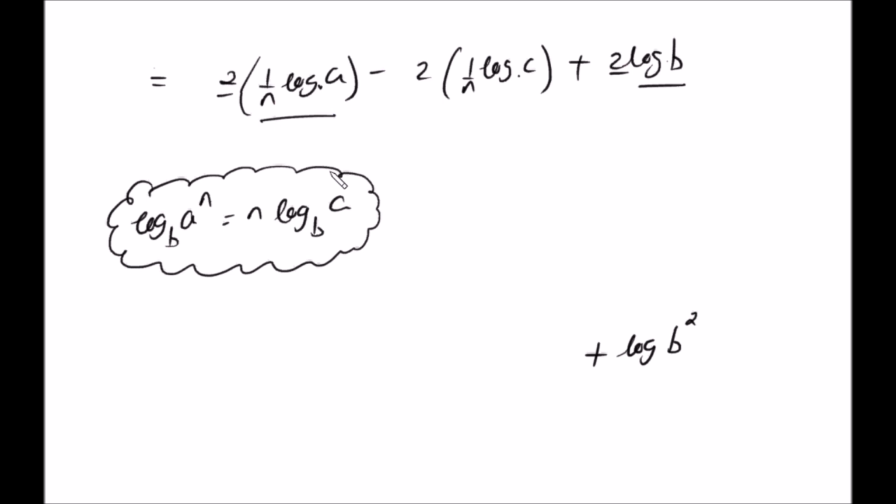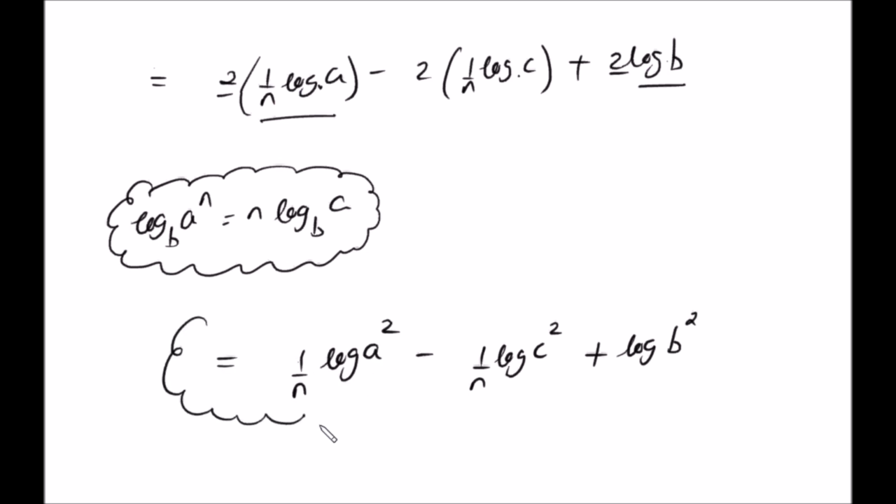So kama hakuna base sio lazima, unaendelea tu. So hapa itakuwa log b squared. Kwa hiyo na hapa ni 1/n log c squared minus na hapa itakuwa 1/n log a squared. So this now is the final answer.